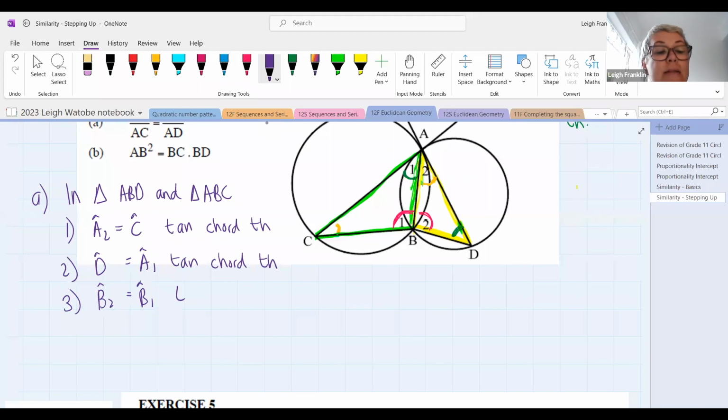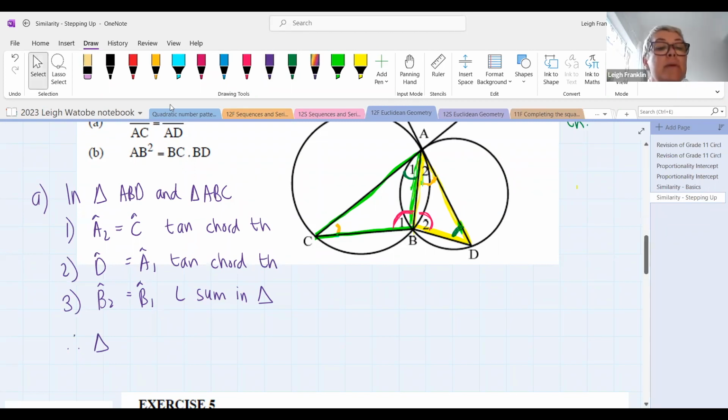Okay, and then here I can say angle sum in triangle. Now I need to write my statement for similarity. Is it okay for me to use just any old order?